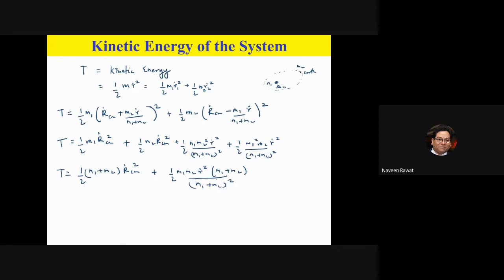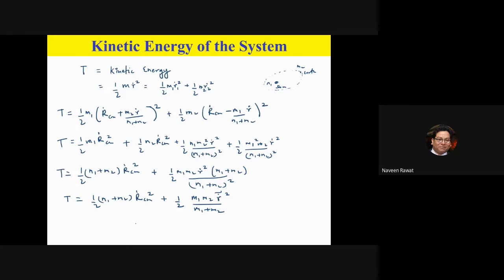So one of these m1 plus m2 gets cancelled, and I get 1 half m1 plus m2 r dot center of mass square plus 1 half m1 m2 r dot square divided by m1 plus m2. But notice m1 m2 divided by m1 plus m2, what was this term? This was our reduced mass, right?